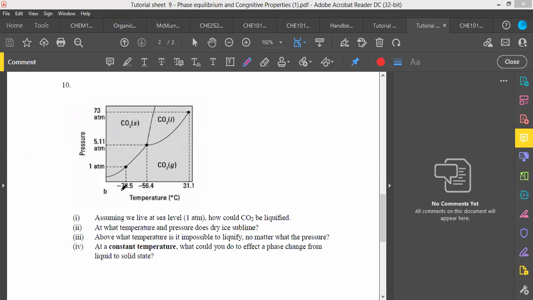Now, this particular phase diagram has different spots, as you can see. It has this point here where we have these 3 lines joining.